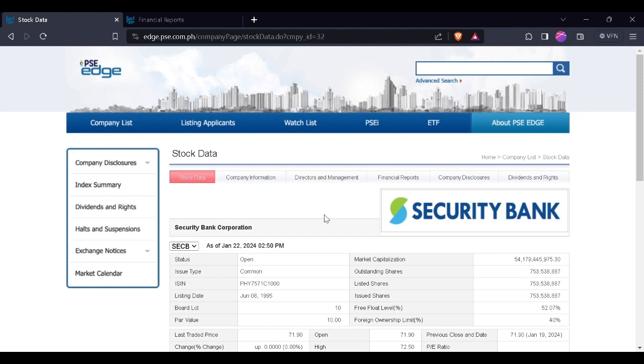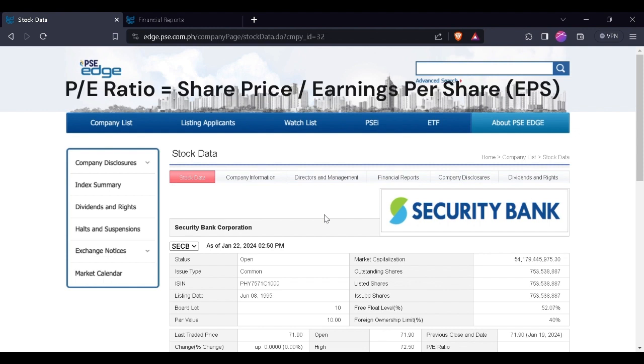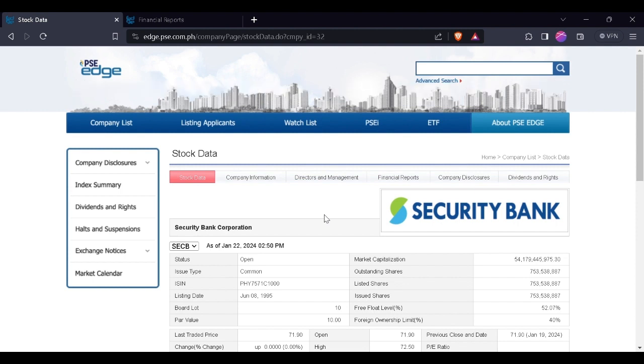Now, you can compute the P/E ratio yourself by dividing the price by the EPS, or you could just go to any financial website like Morningstar and MSN Money, to name a few.